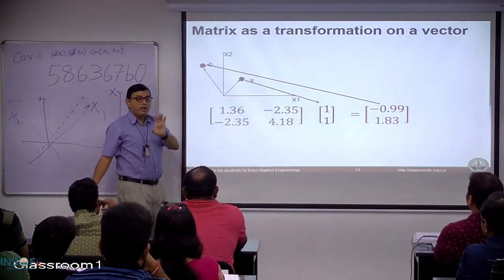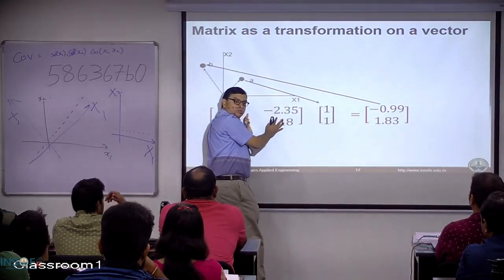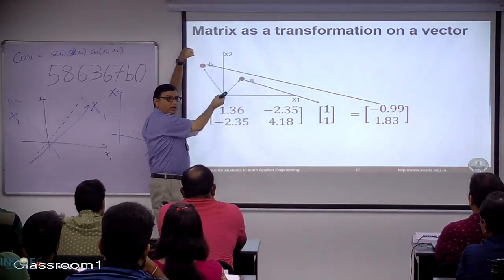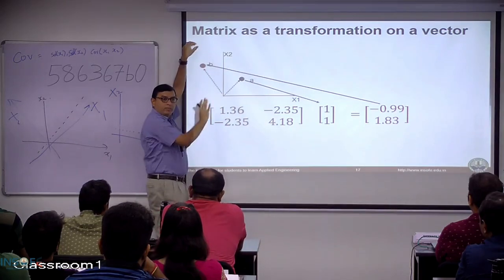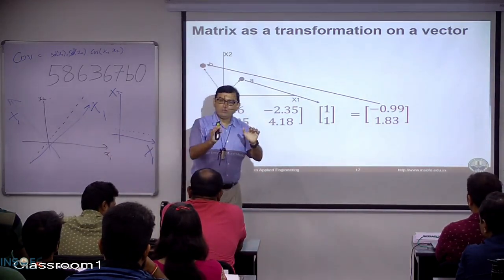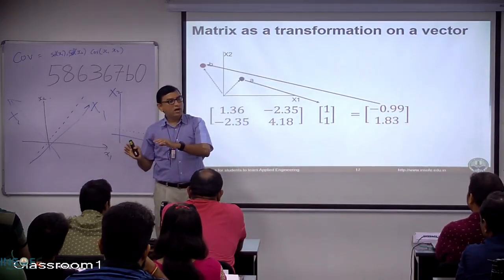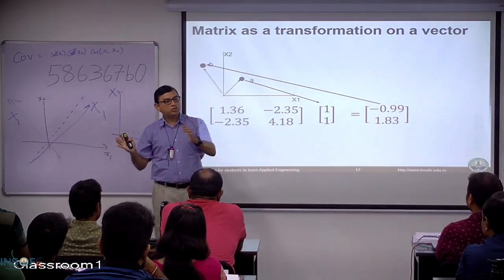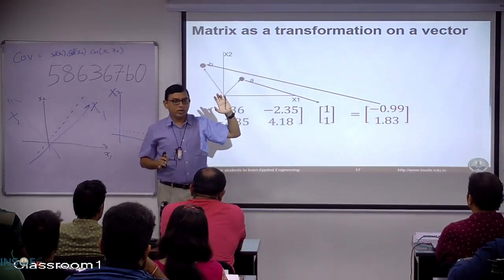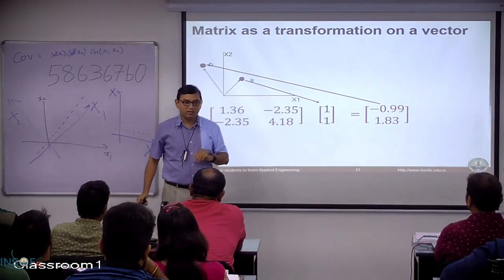What the matrix did was it acted on this vector and rotated and stretched it to this direction. This is what matrices do. This is one simple way of interpreting what matrices do: matrices are transformations which rotate vectors and stretch them. That's the effect of a matrix acting on a vector.